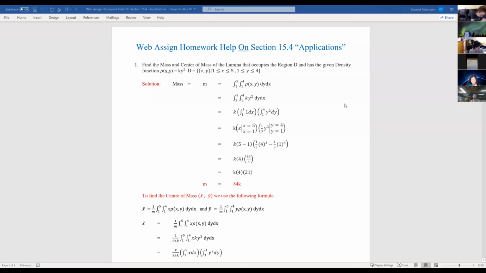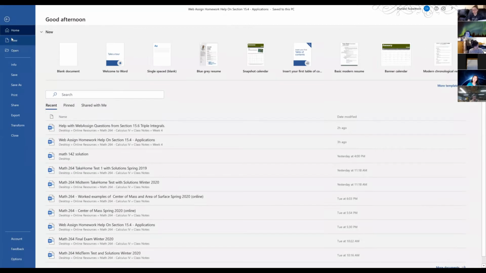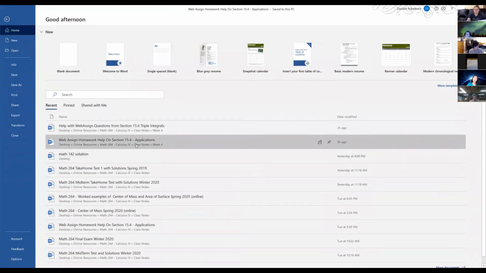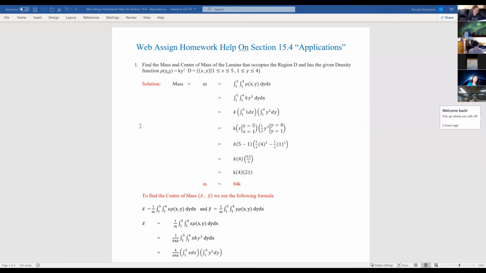So let's move on, and I'm going to see if I can do some work on the last section. That's not the one I want. Here we go.